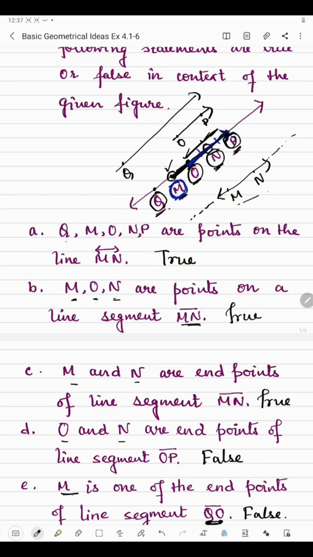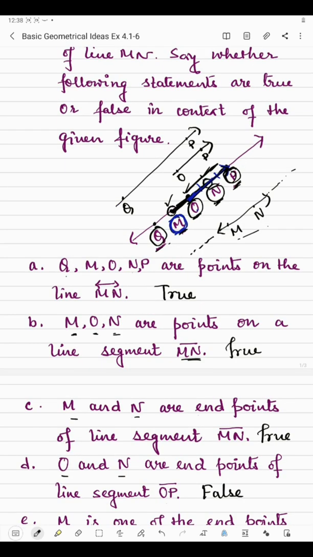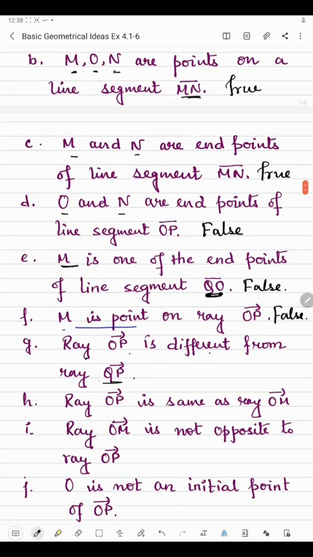So obviously it is different. This is not same, right? So we'll write this statement as false. Now why? Because here O is the starting point in this ray OP, and in this ray Q is the starting point. So obviously these two rays are different because the starting point is different. So we can write it as false. Okay.